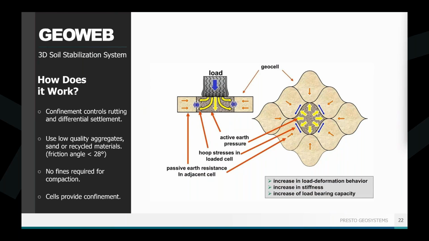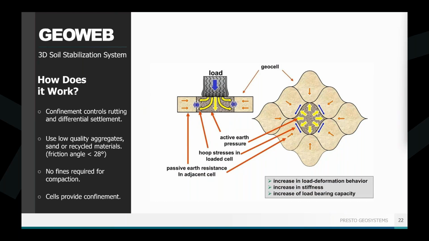And as I mentioned, the GEOWEB system is actually pretty effective, even with things like sand or on-site recycled infill, something that maybe doesn't have the greatest quality, but it can still work really well with the GEOWEB system. The way it works is it quickly redirects your vertical loads horizontally to engage the cell walls and generate hoop stress within the loaded cell.